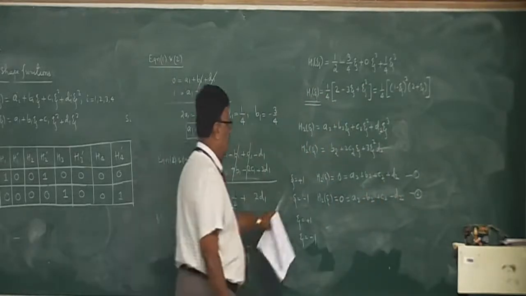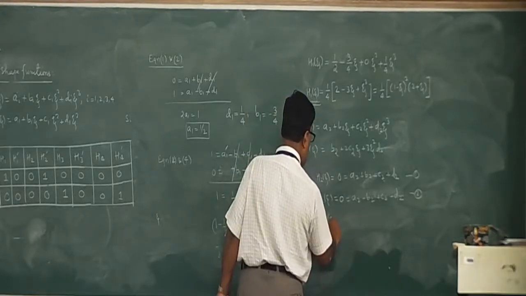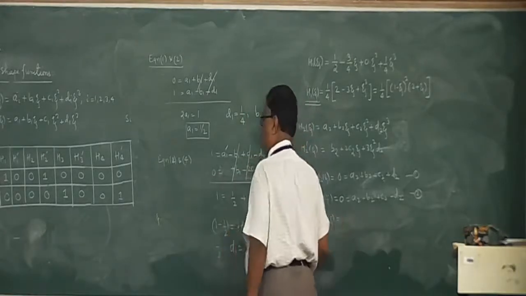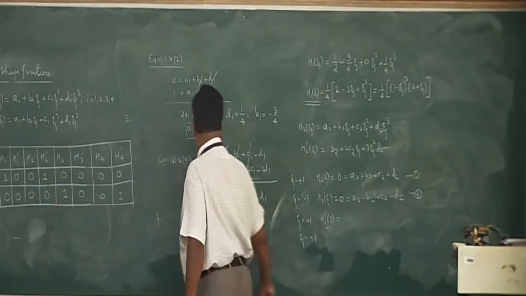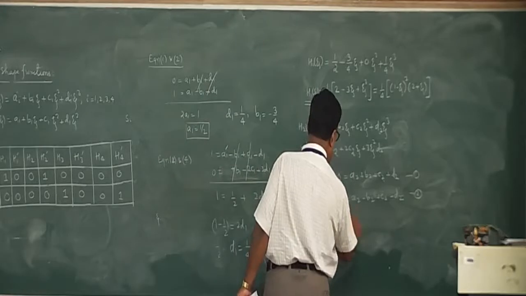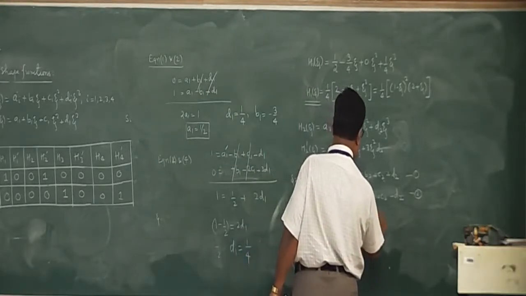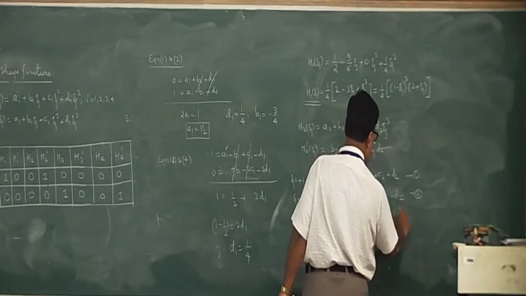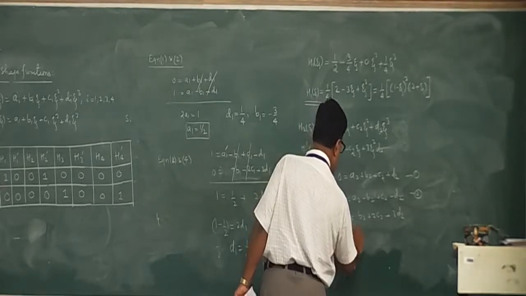So here next comes h2 dash at zeta equal to 1. See here, h2 dash at zeta equal to plus 1, it is again 0. So therefore 0 is equal to b2 plus 2c2 plus 3d2. Whereas h2 dash at zeta equal to minus 1, it is 1.